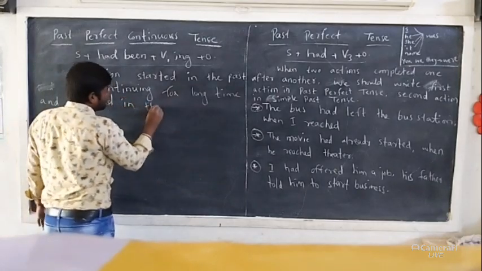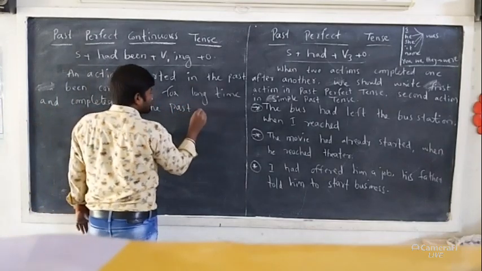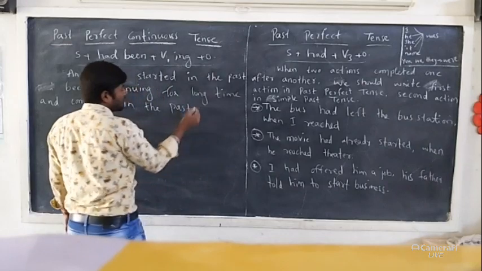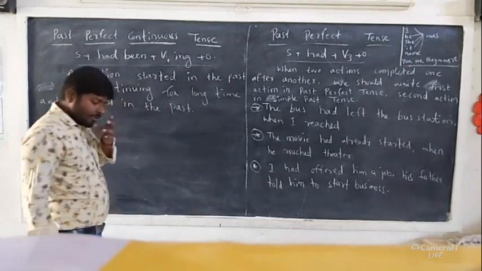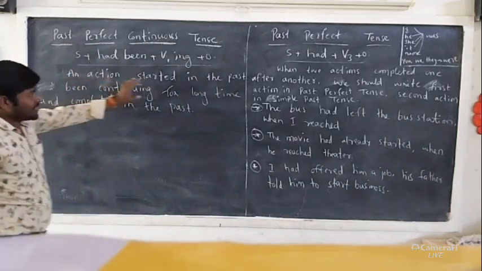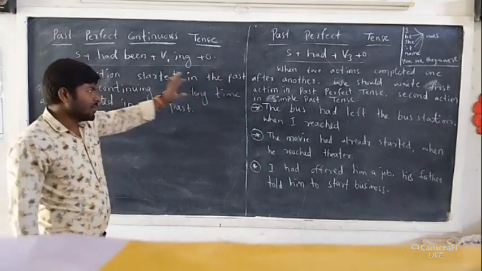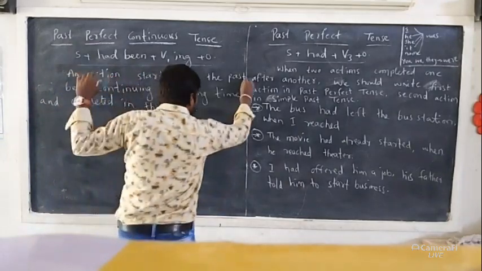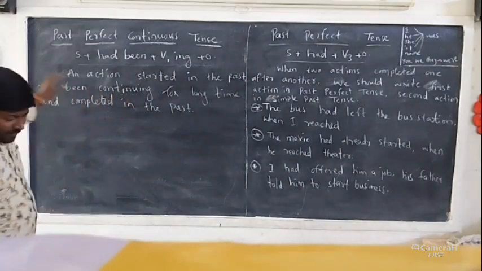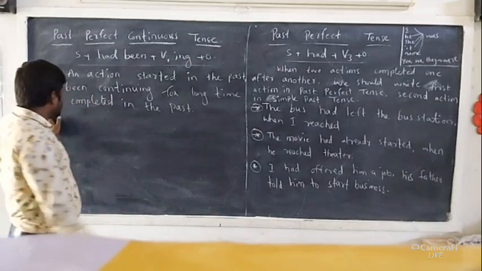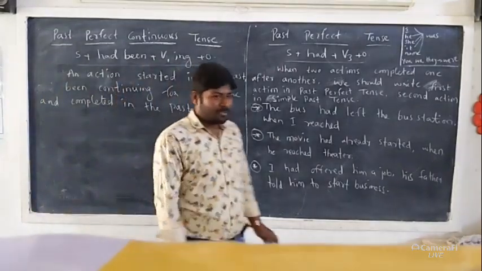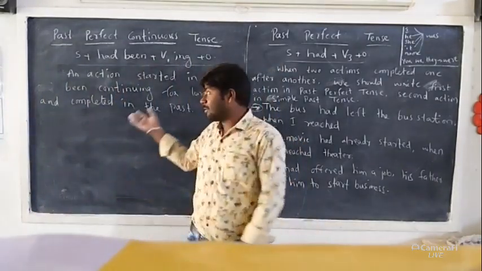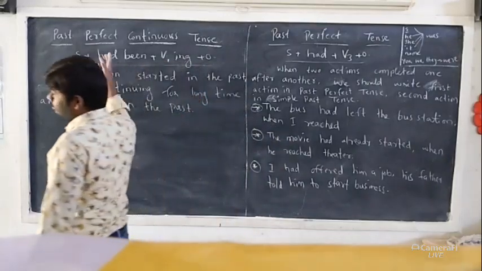And the past. So we can write: an action started in the past, been continuing for a long time, and completed in the past. This is complete past. We can write this: Gandhiji struggled for freedom.